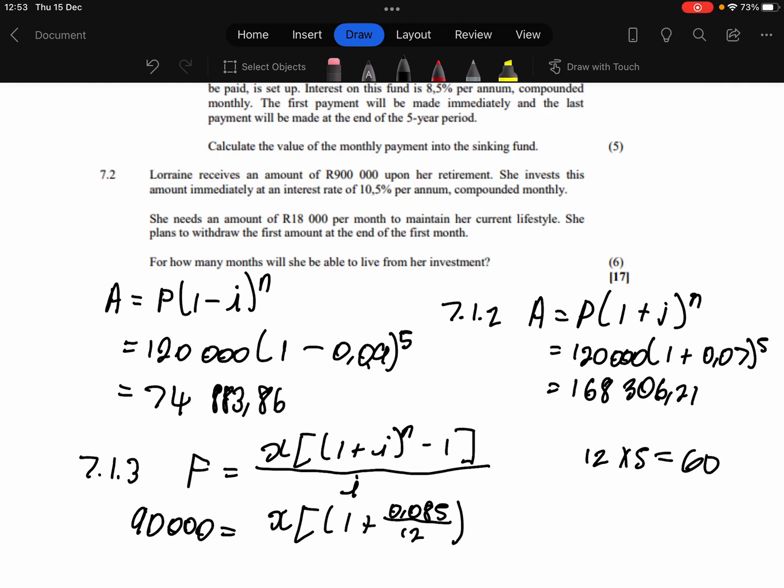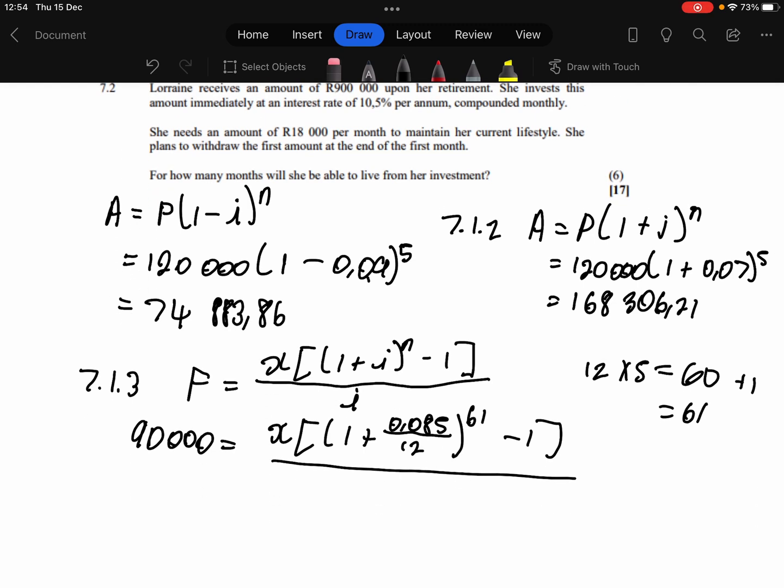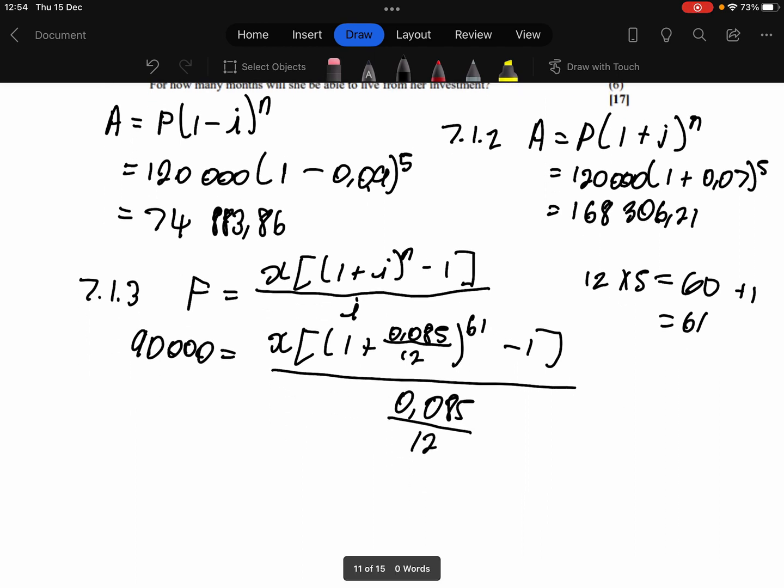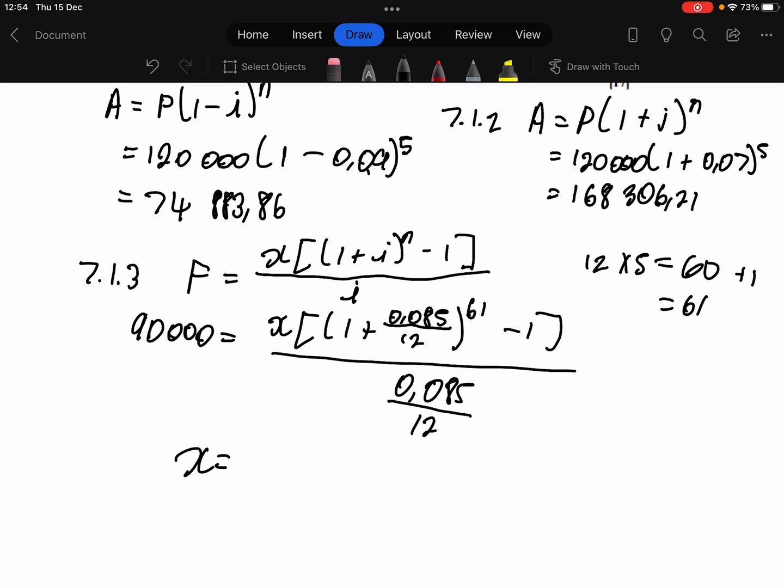An immediate payment means there's an extra payment towards this sinking fund, which would not normally be there if it were the usual 1 month later scenario. So we'll have to add 1 to it and we get 61. So to the power of 61 minus 1 all over the interest rate, which is 0.085 divided by 12 because it's monthly, and we get our value of x to come to 1184.68.